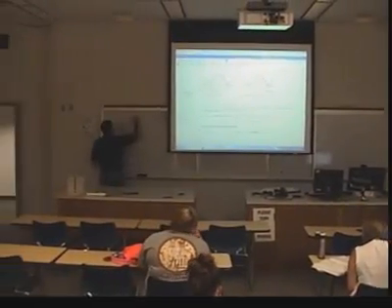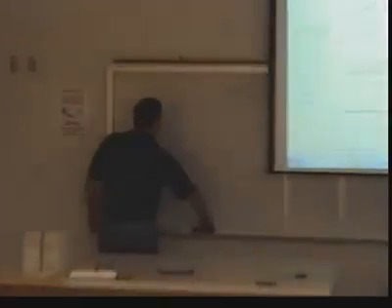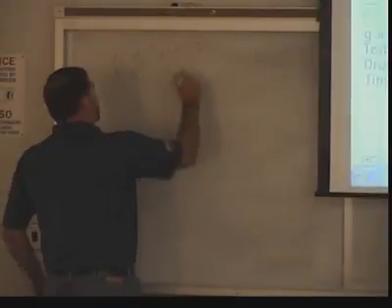I'll leave my H naught and HA up. Here our H naught is mu equals 1.2 against the alternative hypothesis that mu is not equal to 1.2. So is this a one-tail or two-tail? Definitely a two-tail test.